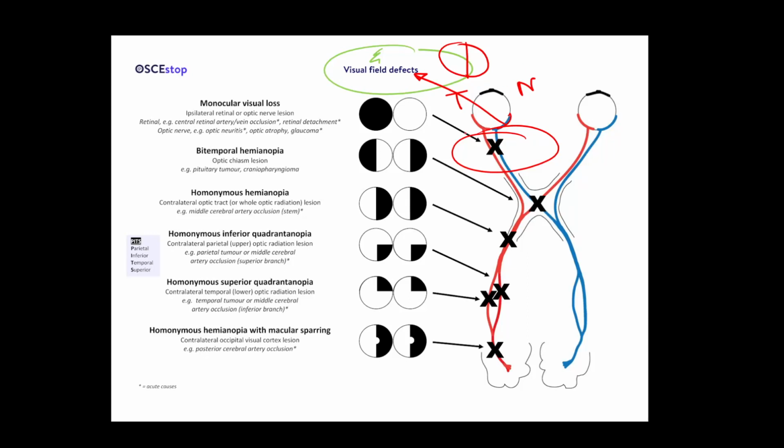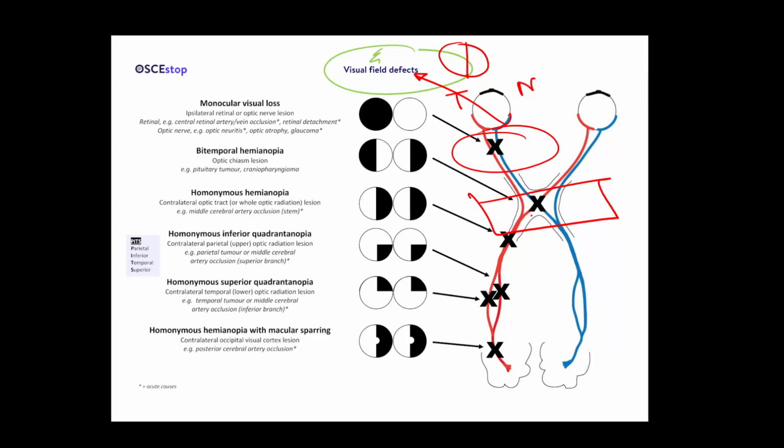The retina could undergo detachment. There are many more causes than this, but in any case, one of the eyes will not be functioning. So it is complete anopia of the disrupted eye. It could be left, it could be right. Are we clear?